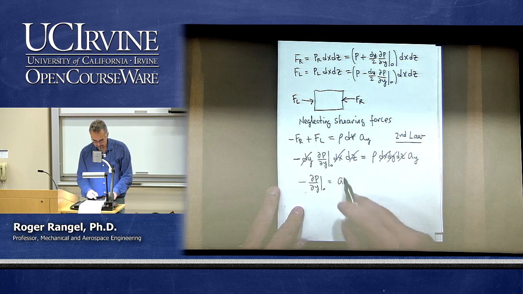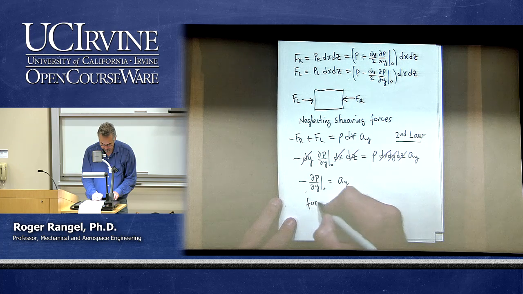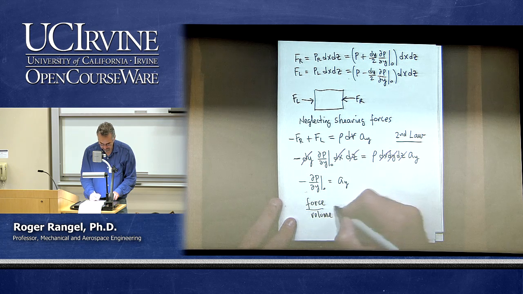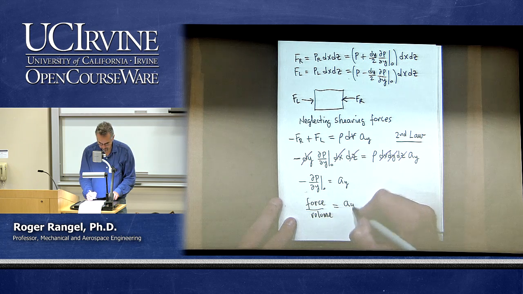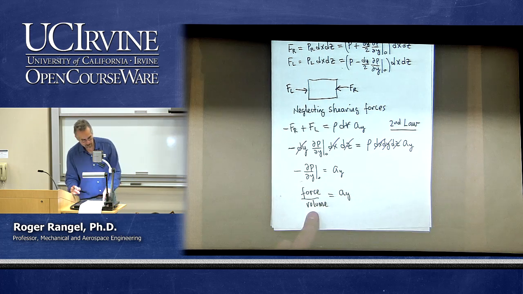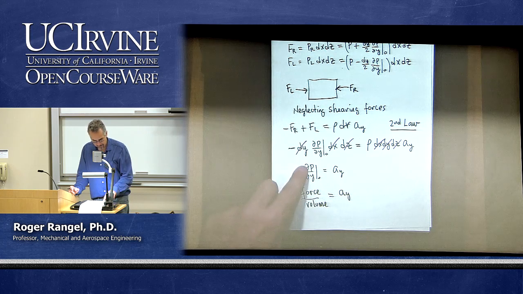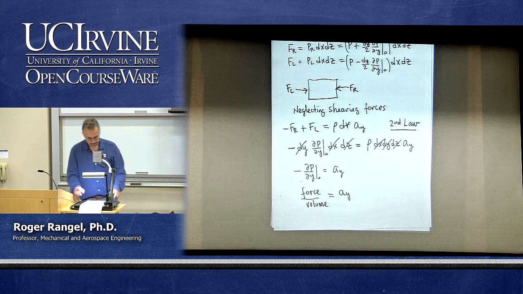Once I divide by the volume, really what I have on the left-hand side is a force per unit volume equal to rho A sub y. So we conclude that the force per unit volume in the y direction is simply negative of the gradient of the pressure in the y direction.